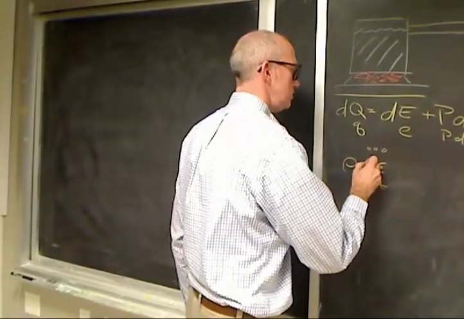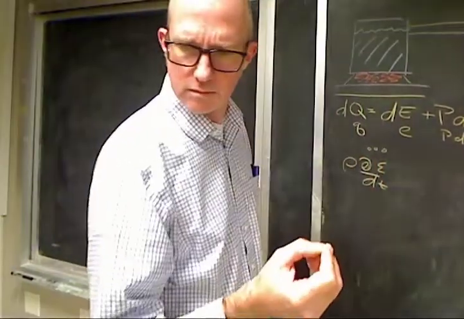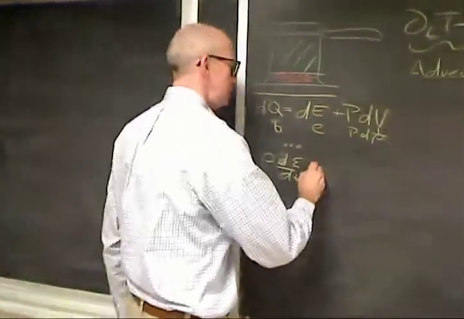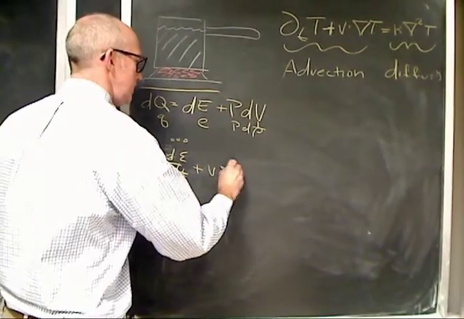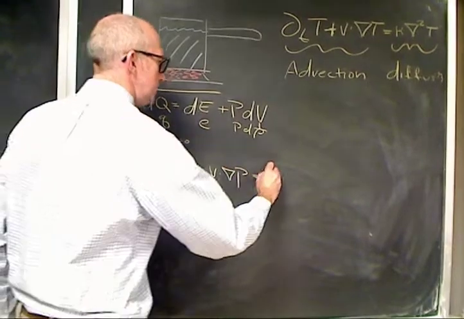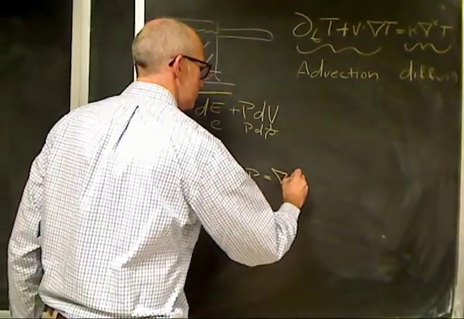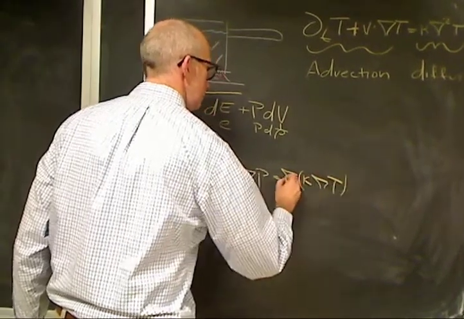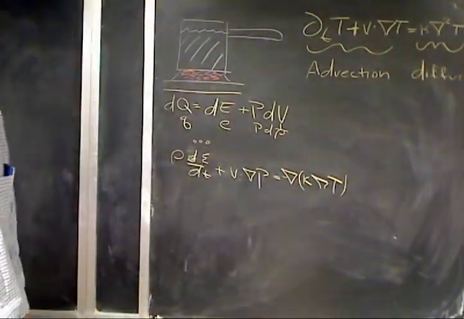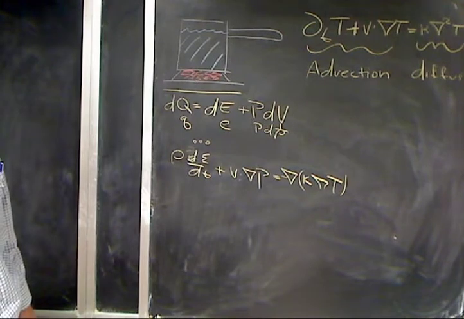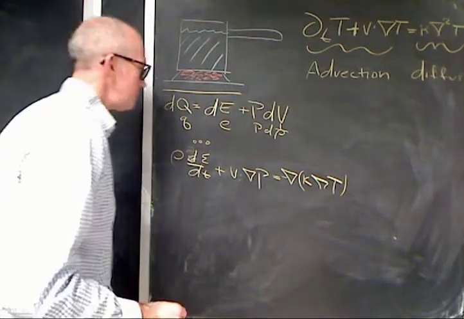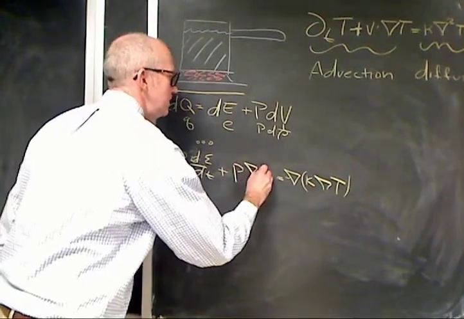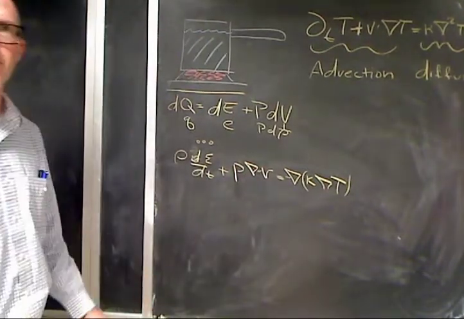Oh, that's a partial. No, I was right the first time. dE/dt plus v dot grad p equals grad k grad T. And there's a minus sign there. I'm sorry, this isn't right. I wrote that backwards. P div v. There you go, that's better.